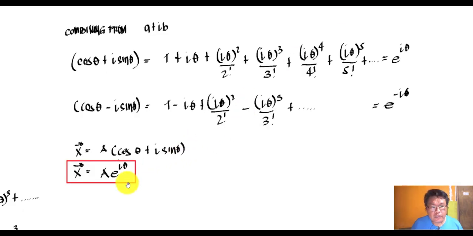The value of e raised to i times the angle theta is equivalent to cosine theta plus i sine theta. So using this value, e raised to i theta, we can represent the other part of the equation.